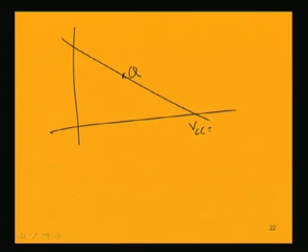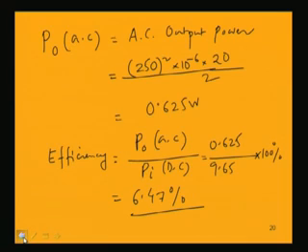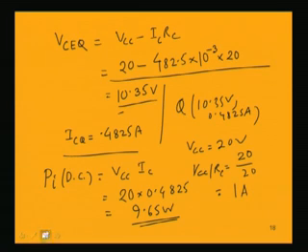So, if we consider this Q point, this is 1 ampere, this is 20 volt, and the Q point is placed at 10.35, almost 10 volt, and almost 0.5 ampere, this is Q roughly.